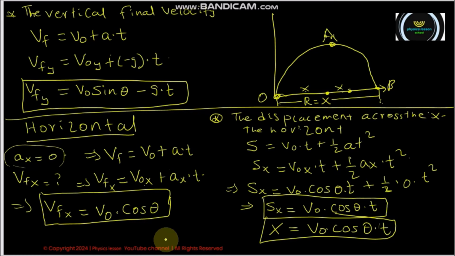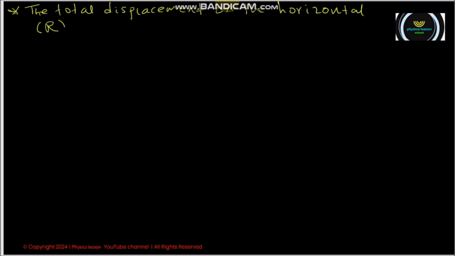How can we calculate the total distance of the range? The total displacement, or the horizontal, can be calculated by, or the range, we call it the range.